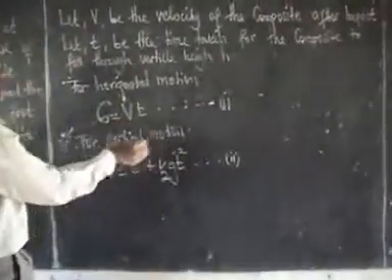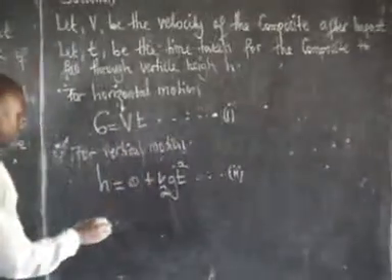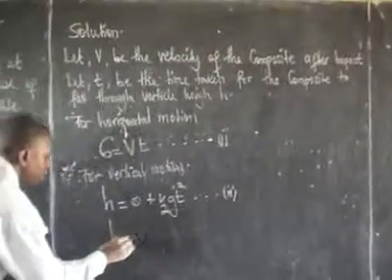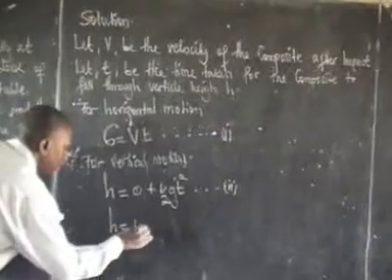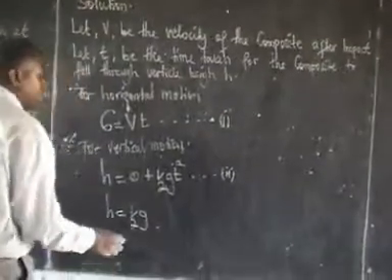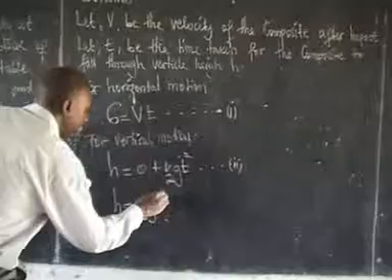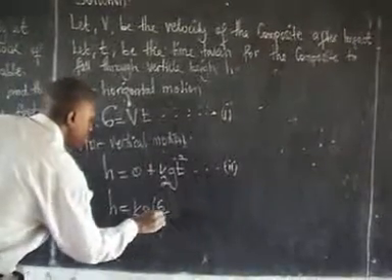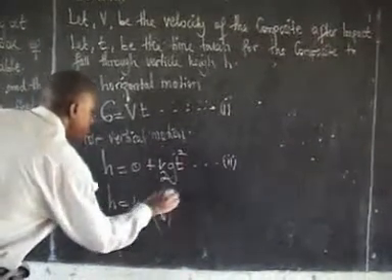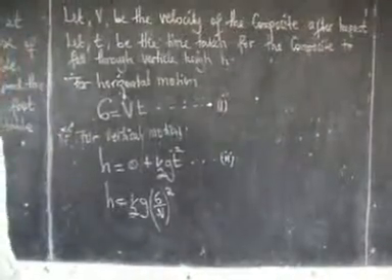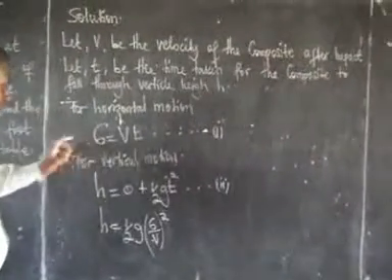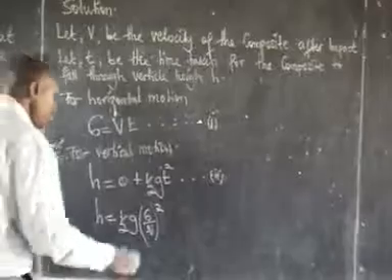So eliminating t from these two equations, we shall have h is equal to half g, and where there is t, we are going to put 6 divided by v, squared. So t is 6 divided by v.